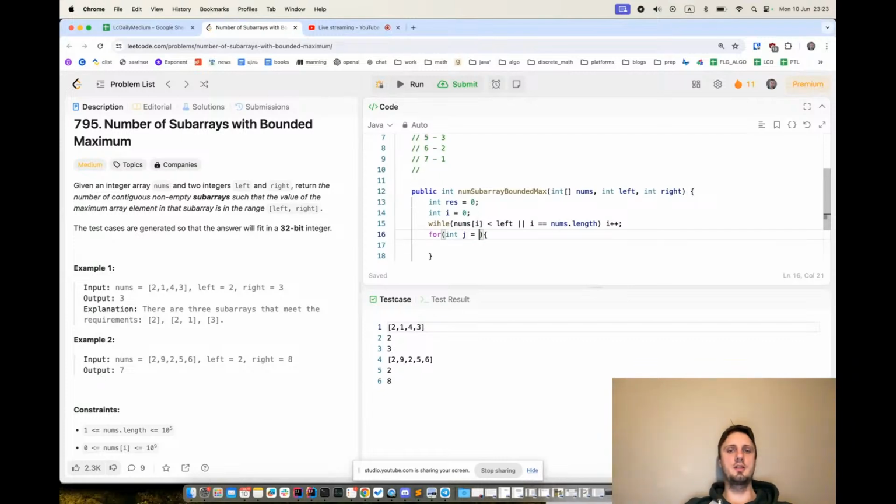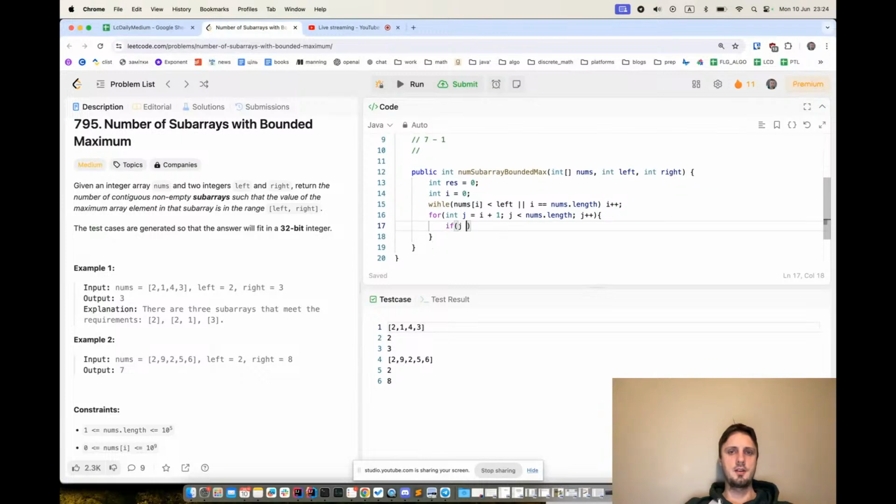Then we are going to create our j. j should be equal to i plus 1, j less than nums length, j plus plus.